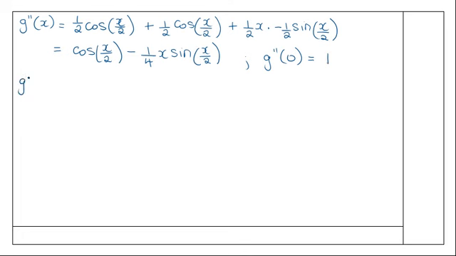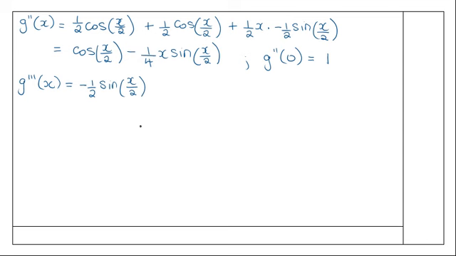Third derivative. So you see, this can be tedious and you have to be good with differentiation when you're doing the Maclaurin series. Differentiating this using the chain rule, we're going to get negative half sine of x over 2. Differentiating this, we're going to need the product rule.